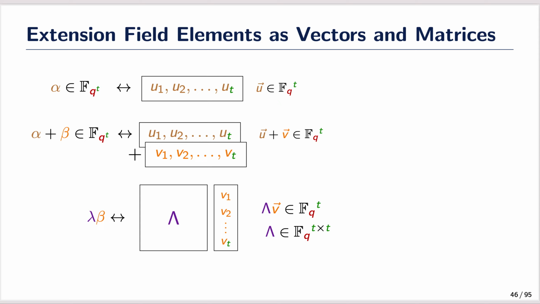Okay, so we can make this nice mapping, and we can map field elements to vectors to add them, and it all works fine. We can make them into matrices, with everything having entries over the little field, and I'll use this depiction to show what's going on in our construction.